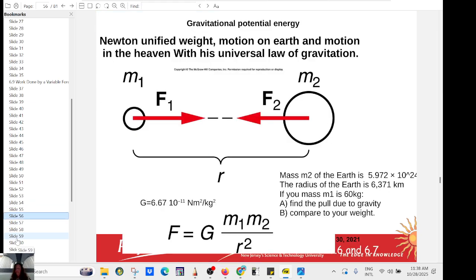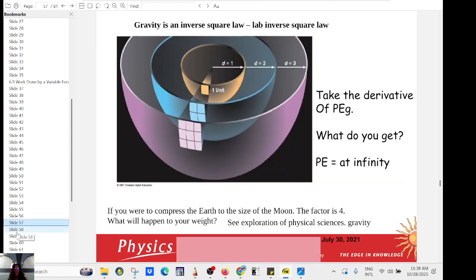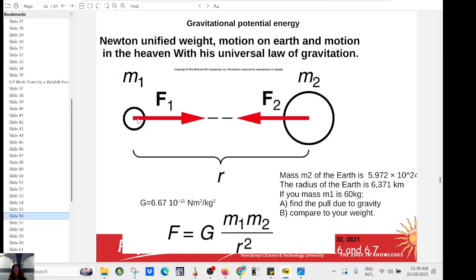Taking a tangent, the gravitational force between two masses, that's Newton's universal gravitational law, which he came up with because he was a genius. Between two masses, you're going to have an attractive force that will be proportional to the masses.